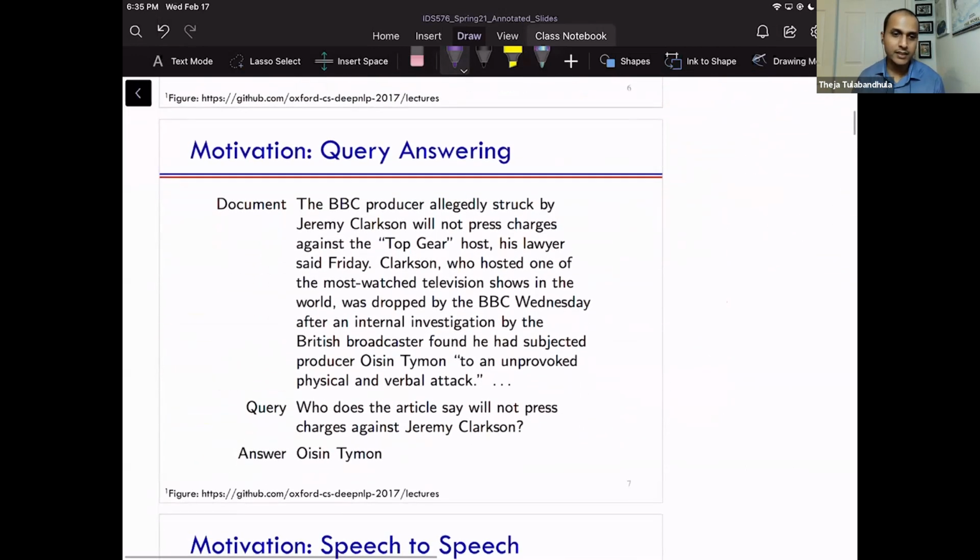Second example is query answering. And these are not, by the way, ideally solved problems. There are partial solutions to all these problems. So for example, with query answering, the objective is, given a text and a query, to respond with a solution to the query, right? At face value, this looks very difficult for a machine to solve.